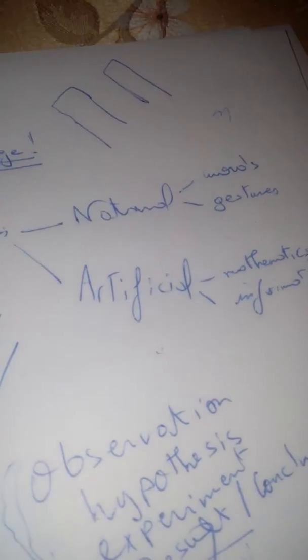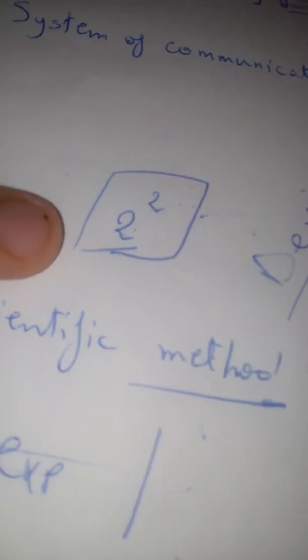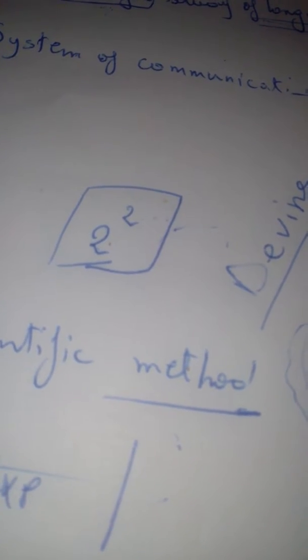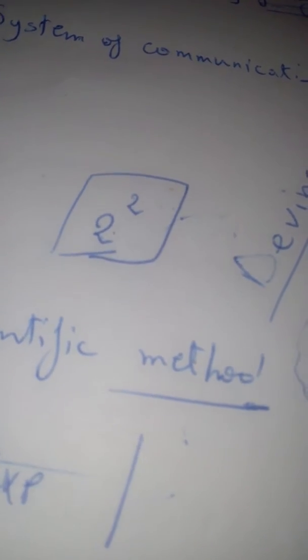When I say artificial, it means mathematics or informatics. Now, for example, this number here is a symbol of some meaning. So it is a system of communication classed in the artificial system. This is what I wanted you to understand about language.